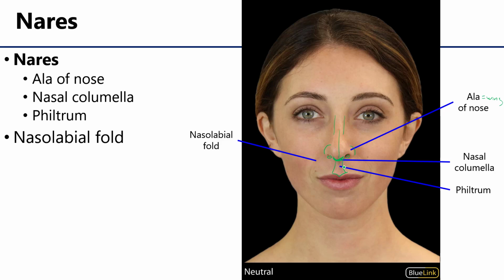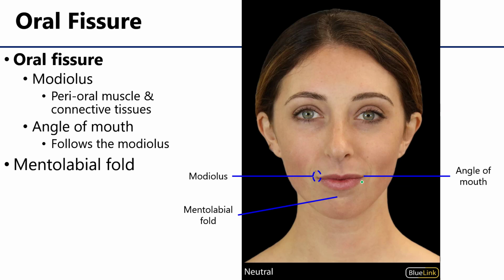We can also see, flanking the oral fissure, these very subtle folds. These are nasolabial folds, and they help to provide definition for various expressions of the mouth.